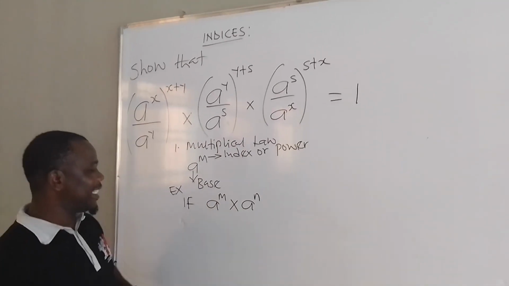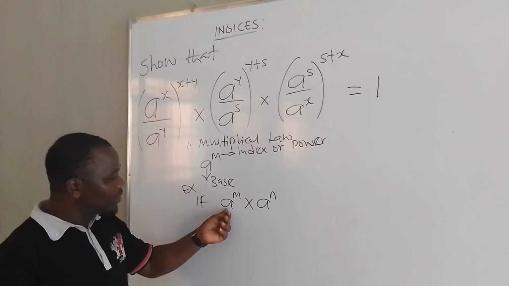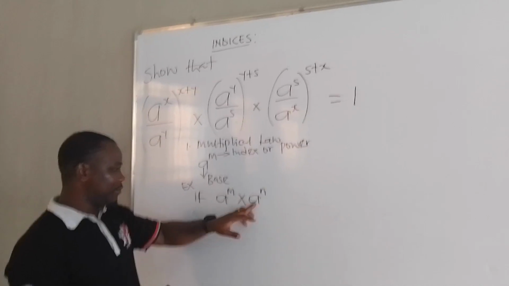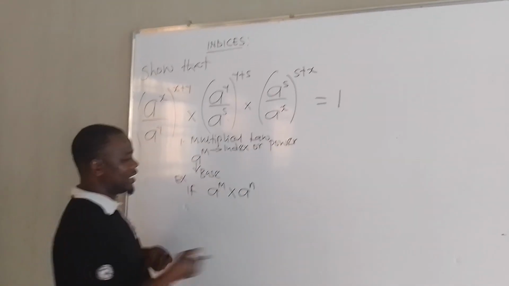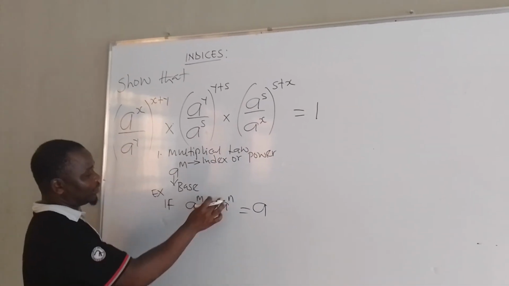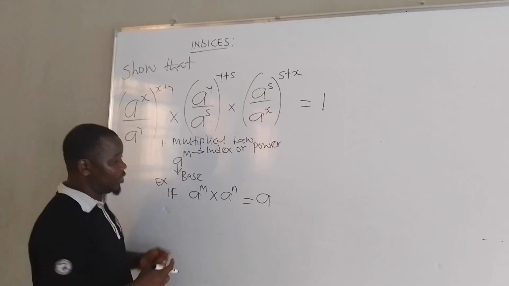It implies that you are going to take one of the bases, since the bases are all the same, true or false? You are going to use one of the bases to raise to the powers of m plus n. That is what you are going to do.